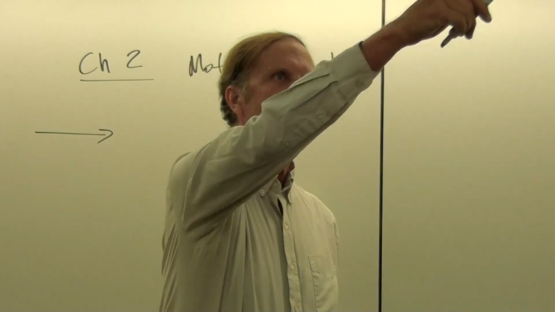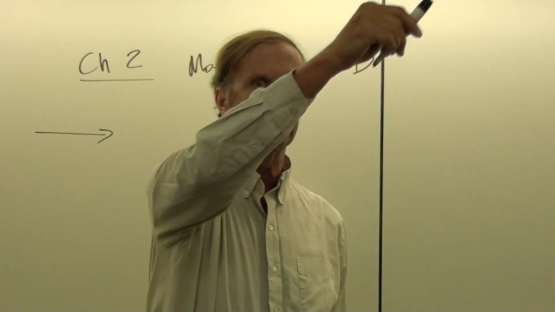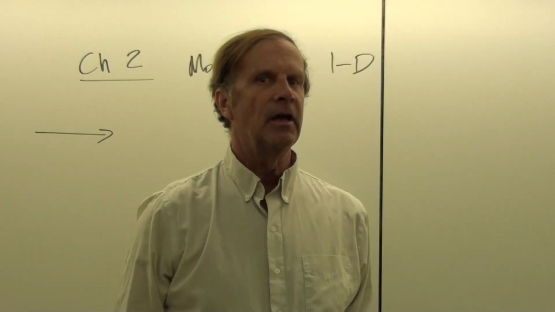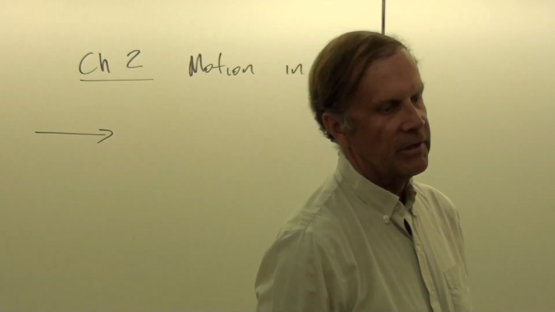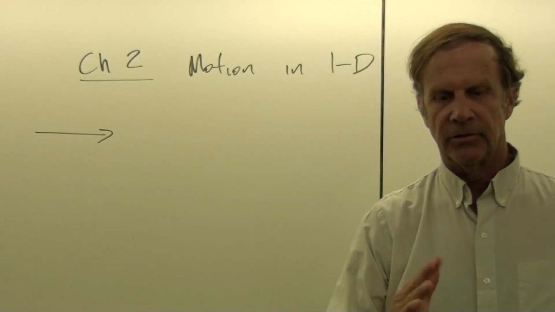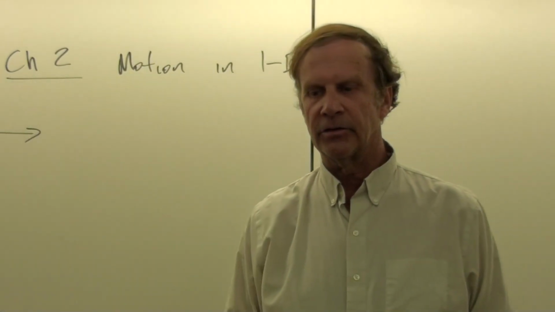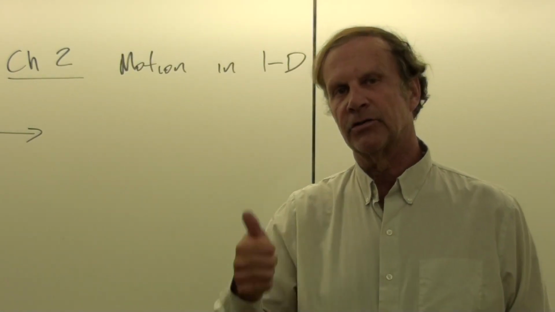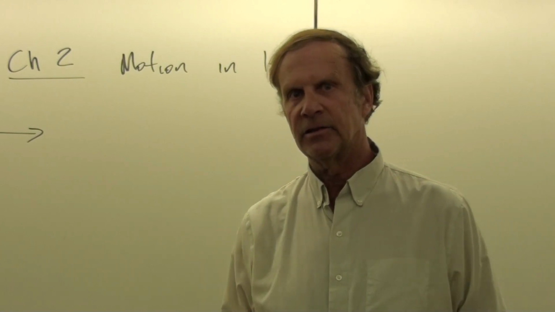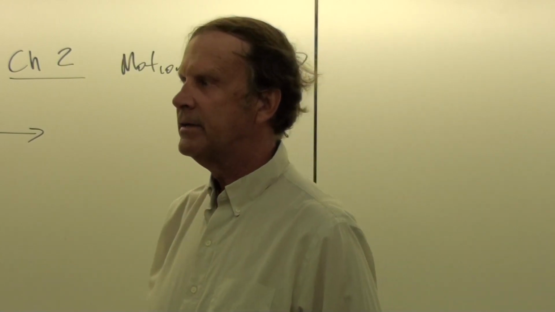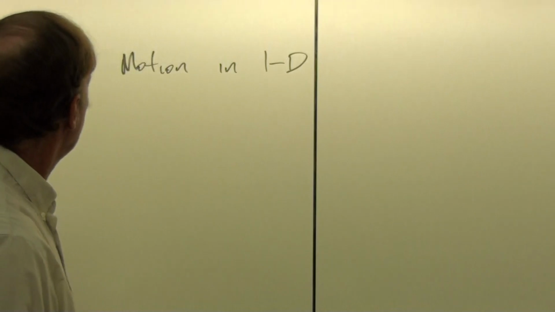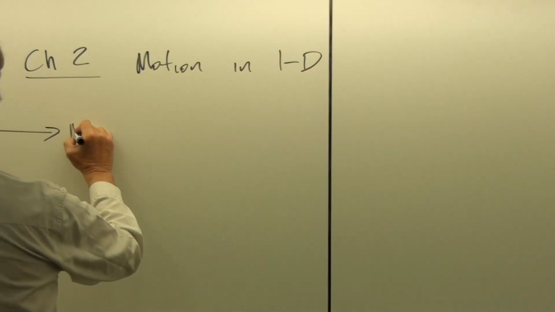Now, one dimension could also be along a line like this, too. But usually we can define our coordinate system in such a way as to have the horizontal direction be the direction of motion, or the vertical direction. And that tends to be the most natural way to handle these kinds of problems. Okay. And so this is motion along the line.